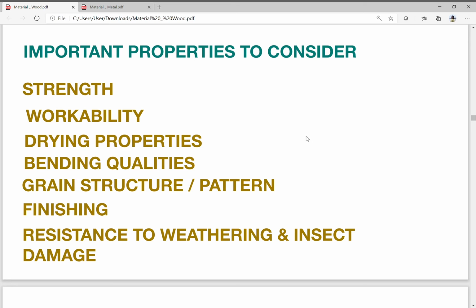And then you have your finishing. What kind of finish you want? A more natural finish, painted or veneer, and everything in between. These are important properties to consider when designing, when selecting and specifying wood.